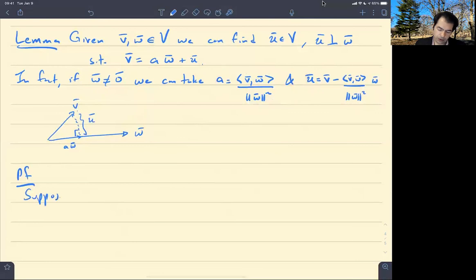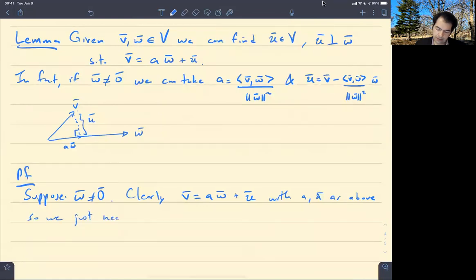So suppose W is not equal to 0. So clearly, V is equal to A times W plus U with A and U as above. So we just need to check that this U that I wrote down is orthogonal to W. Okay, so if we check that, then we're done.